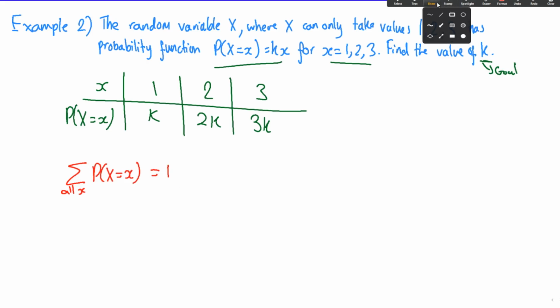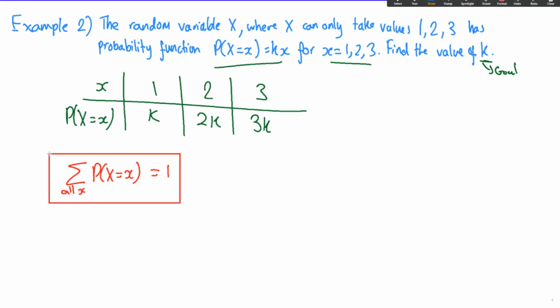Now this makes sense because if you add all of the probabilities of the values that you can possibly get out of an event, you'll get 1. For example, if you are rolling a dice, if you added the probabilities of getting each number, and added all those together, you get 1.